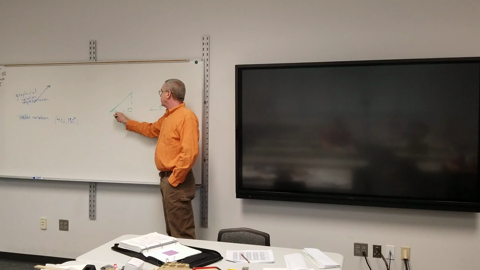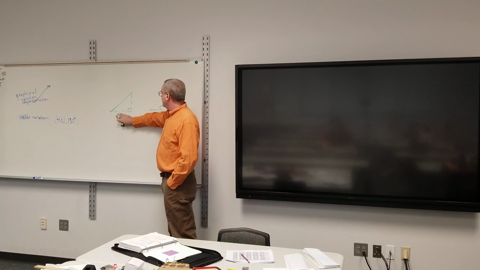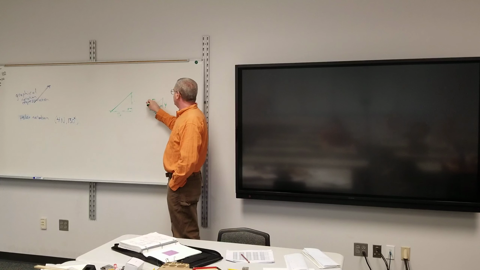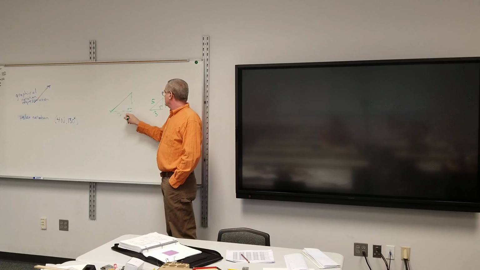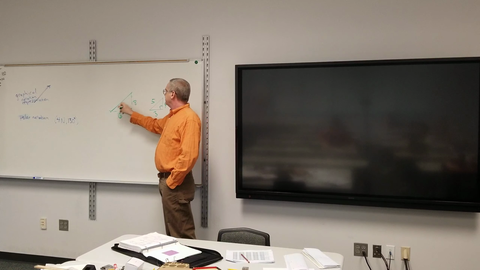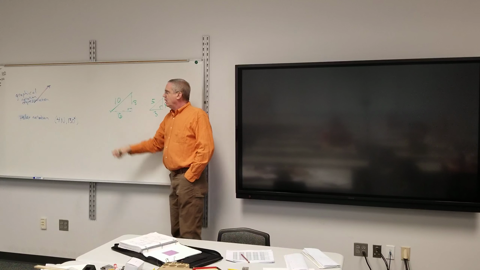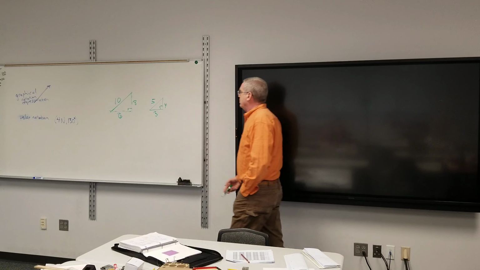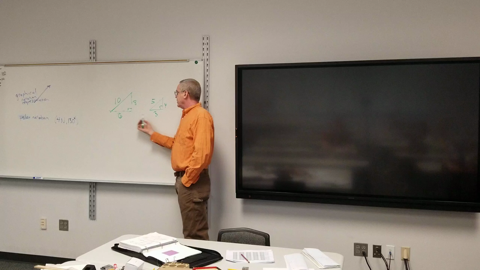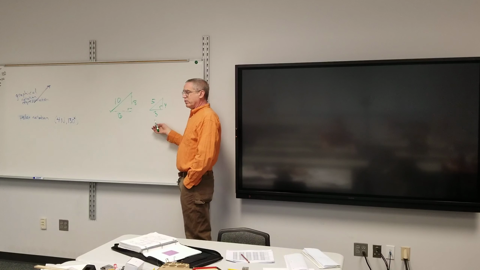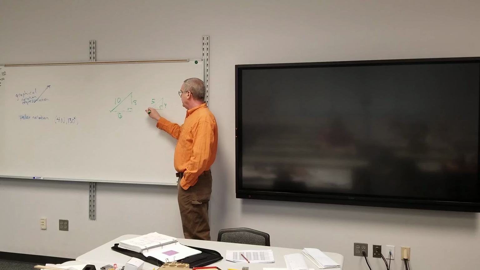So if this is a 3, it's the bigger one, so let's make that the 3, 4, 5 triangle. And these are similar: 6, well, 8, 10, 6. And so we have this ratio of sides that is going to be the same for both. 4 is to 8 as 3 is to 6 as 5 is to 10, or 8 over 6 is the same as 4 over 3, which is more important for trig.